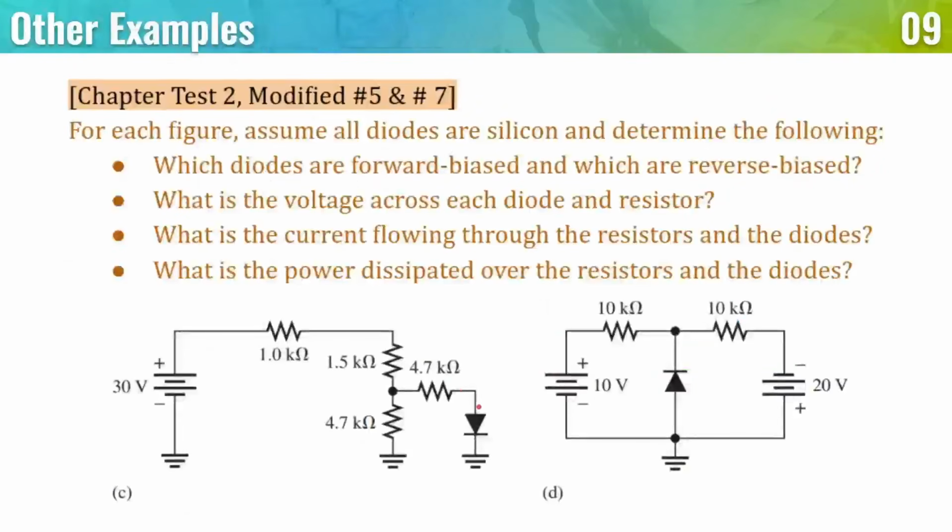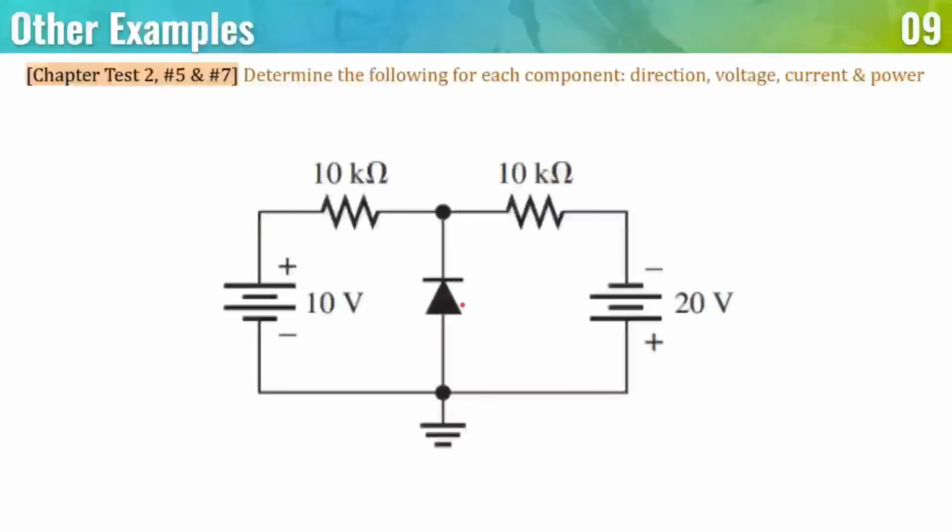As you can see here, there's only one diode, but there are multiple resistors and multiple voltage sources. So this is probably not going to be included in the exam, but these are just for practice. You can skip ahead to the next section of the video if you want to. Again, you can check the descriptions for the timestamps. But if you want to continue, let's proceed to this one.